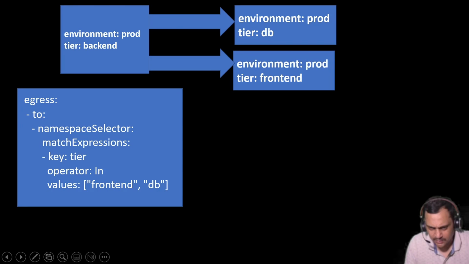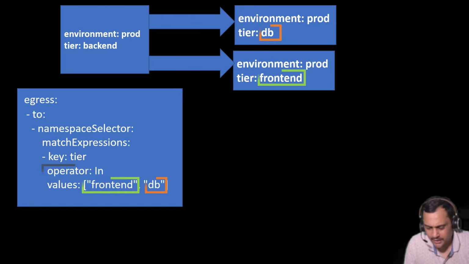I have already covered match expressions while doing labels and selectors. Inside this egress to and then namespace selector, match expression key is tier. It means that these are the namespace labels we have set here. Okay, tier is the key, operator is in, and values are frontend and db.